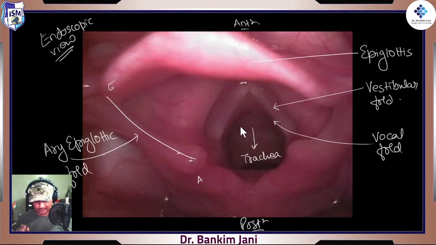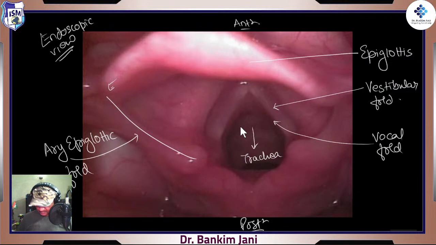And those arytenoids, they are like those pigeons, right? They will be sitting on that cricoid, and the cricoid is partly covered with thyroid cartilage, and that's how the whole structure is there. That's what we saw in the form of the framework, right?